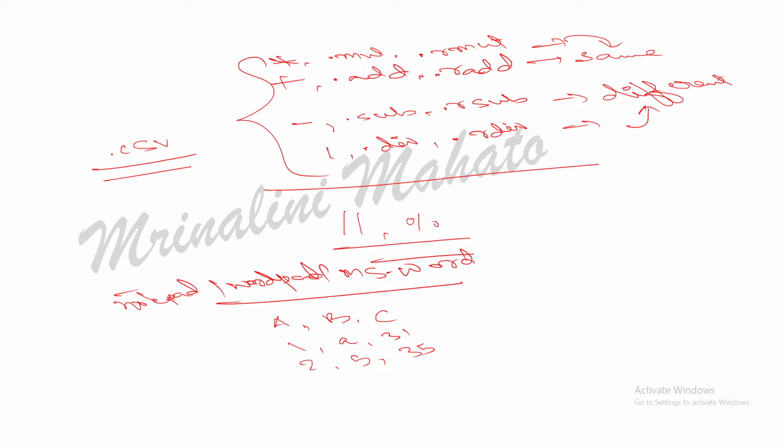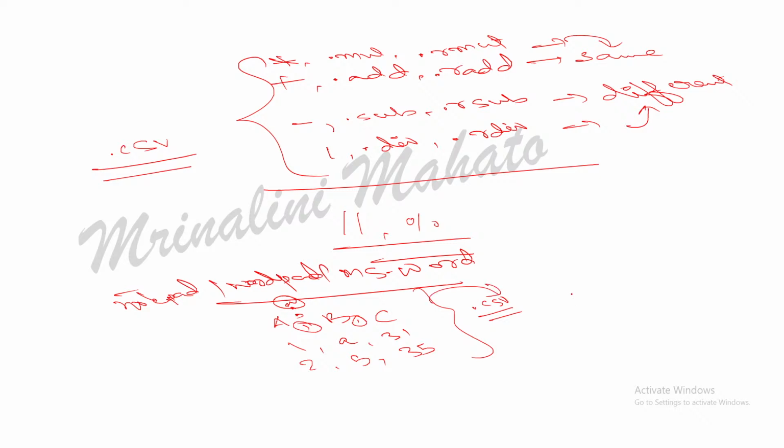In this, the comma is called the delimiter. In place of the comma you can also use a semicolon, at the rate, or any special symbol. After writing, you have to save it with the .csv extension, then your text file will convert to a CSV file.